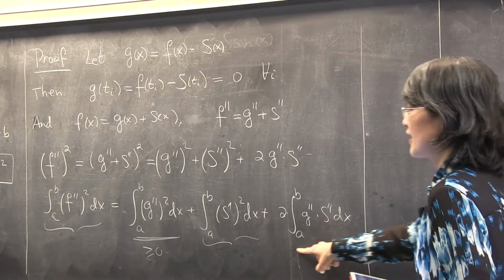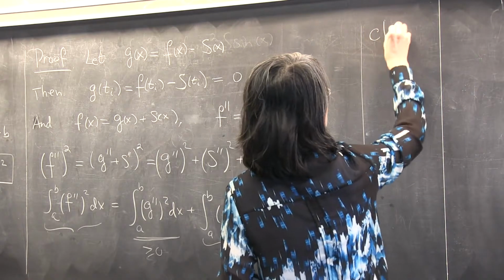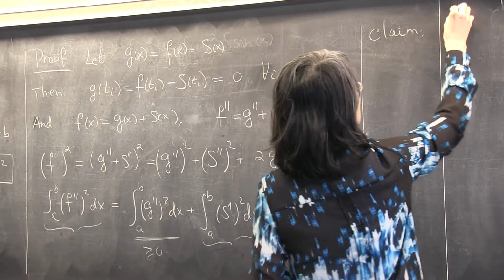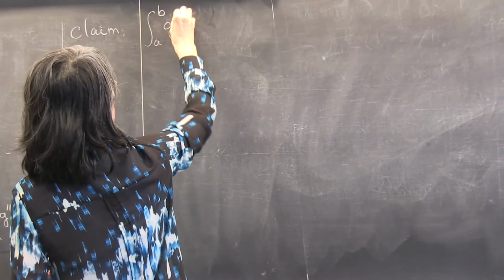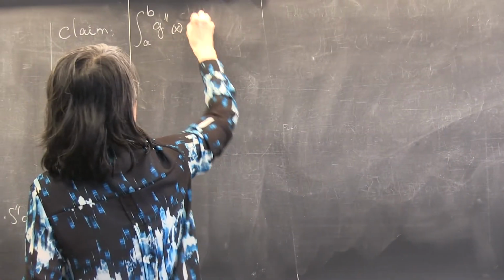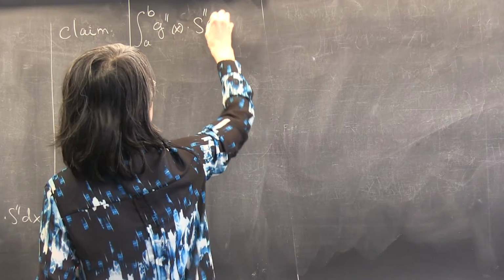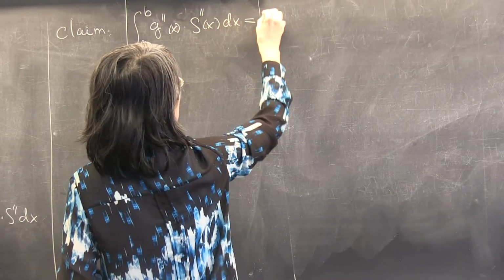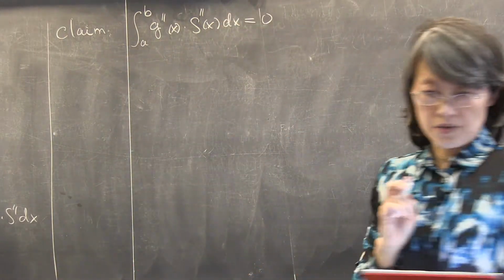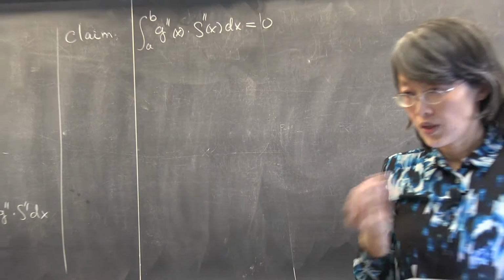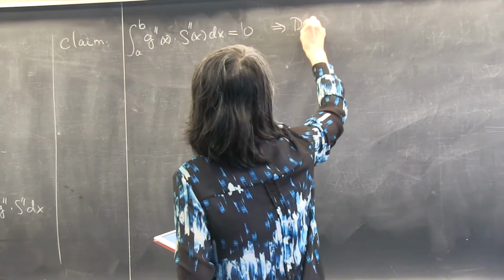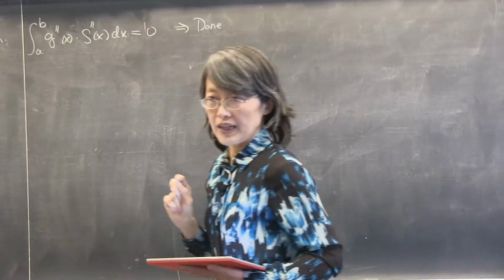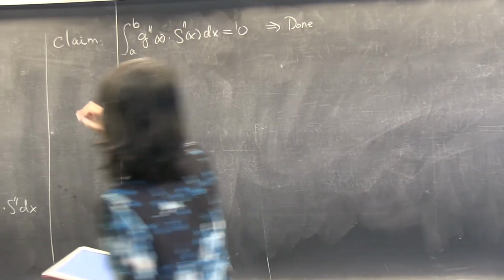Now I tell you, I claim this is 0. Claim: the integral from a to b of g double prime of x s double prime of x dx equals 0. So if the claim holds, then we know we're done. If it holds, we're done. We prove the theorem. Okay? So now we need to prove this claim.